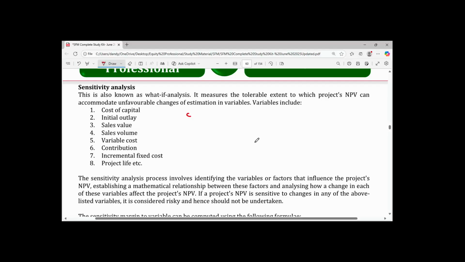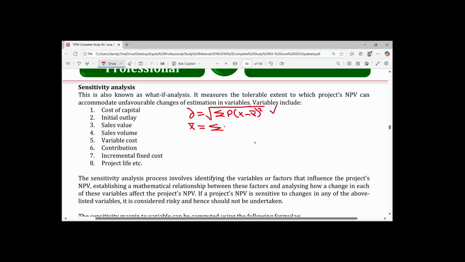For example, if in the question you have calculated standard deviation as square root of variance, and you know variance is summation of probability of x minus x bar square. You have calculated standard deviation using this formula. You have also calculated expected value.